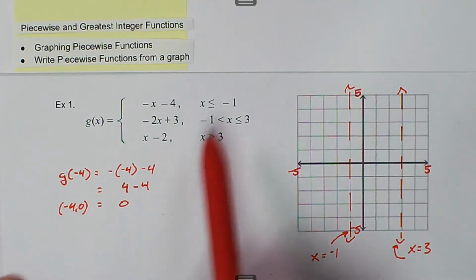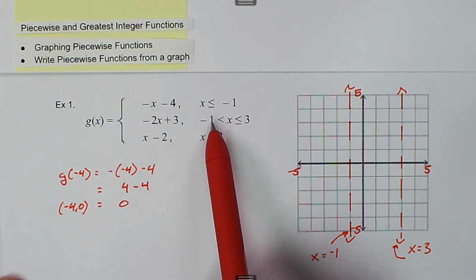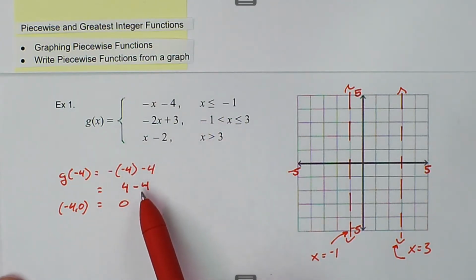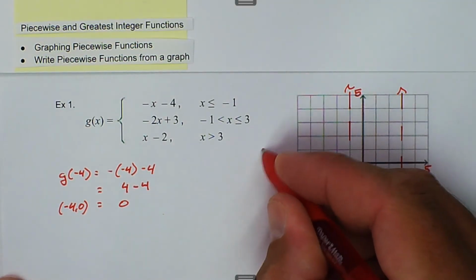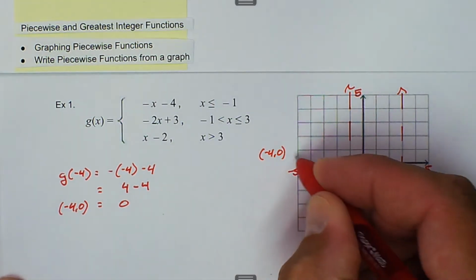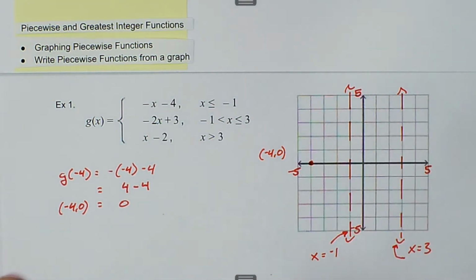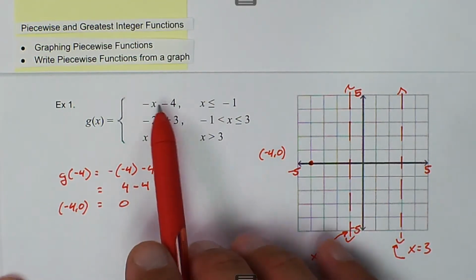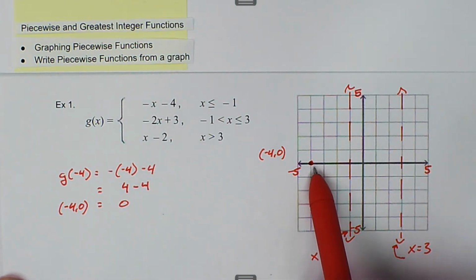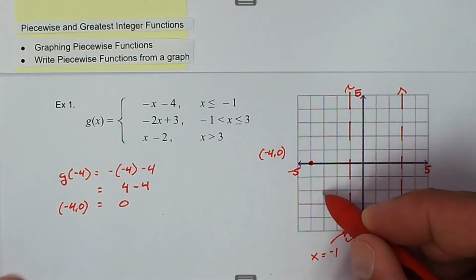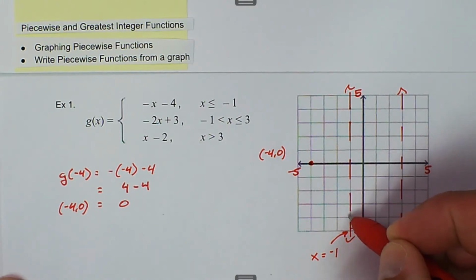So we can go ahead and plot that. Here we get the point -4, 0, which is right there. And now we know our slope is -1. So when I go to graph that, I can start from there and go down 1 over 1, down 1 over 1, down 1 over 1. That's as far as I can go right there.